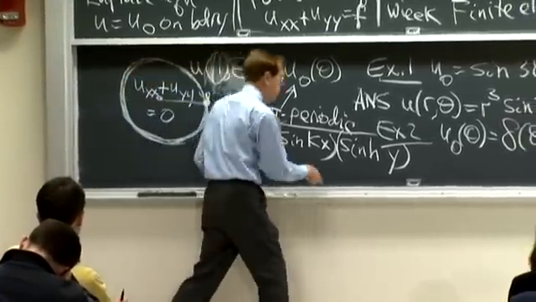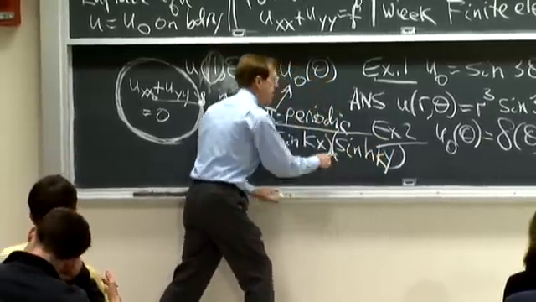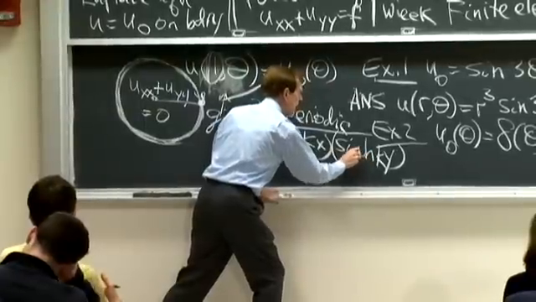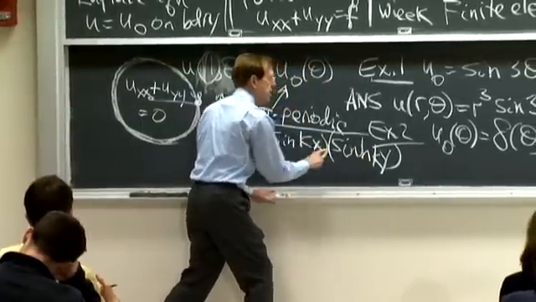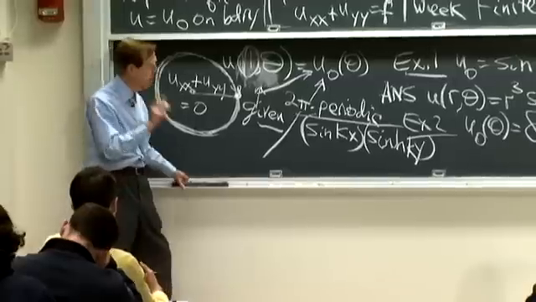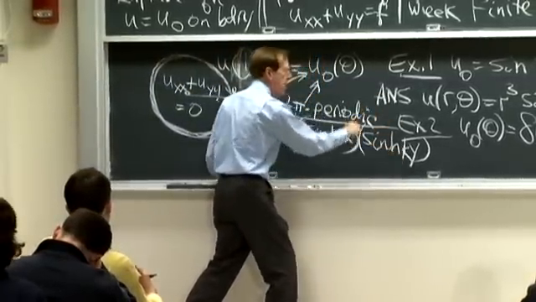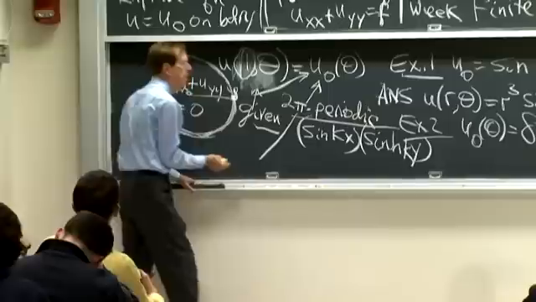And I need a ky there. And if I took two derivatives of this hyperbolic sine, you remember that's the e to the ky and the e to the minus ky, the two derivatives of that will bring out a k squared with a plus sign.